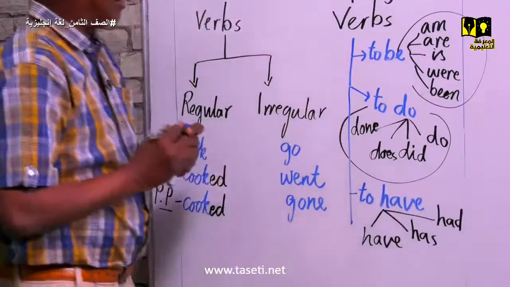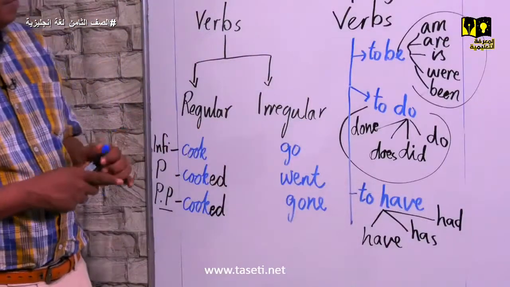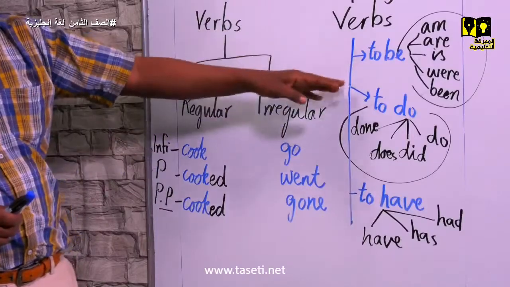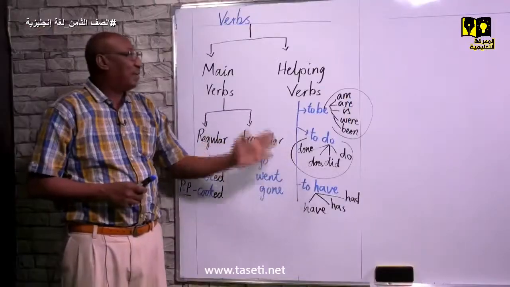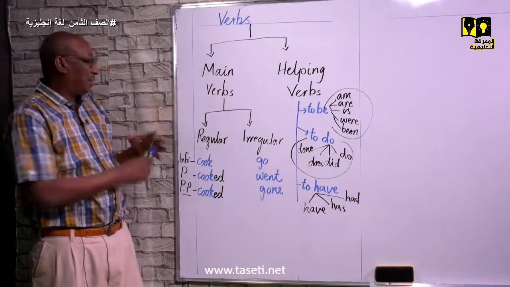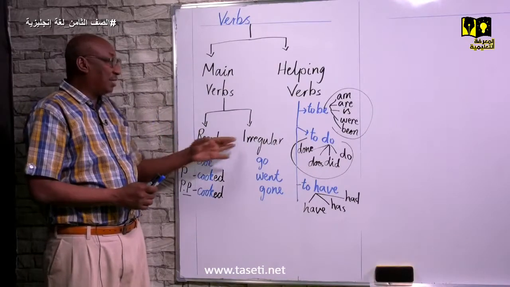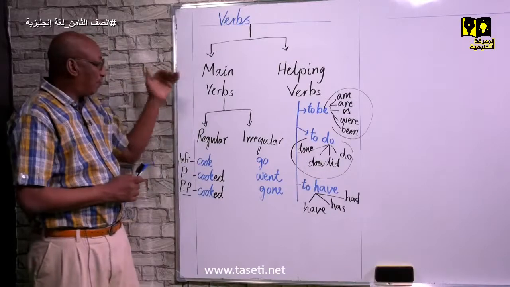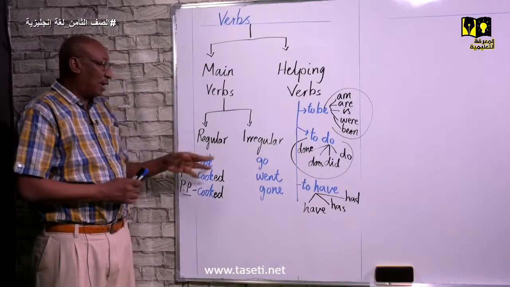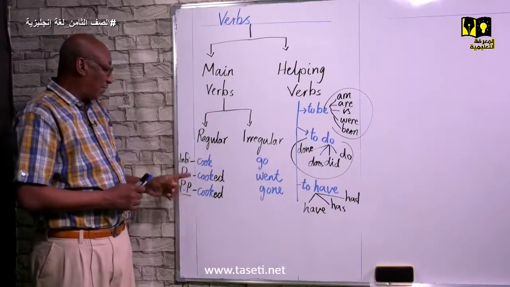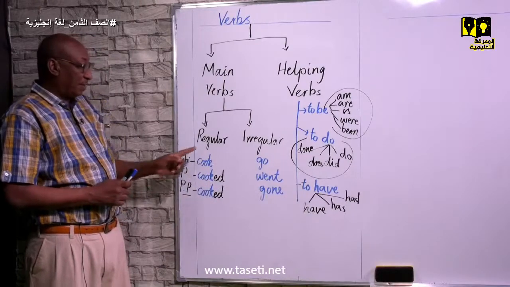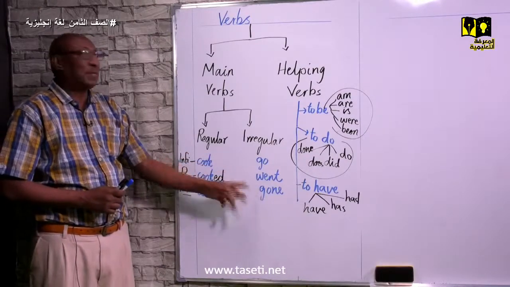Right, these are the helping verbs. Verb to be, verb to do, verb to have, and the main verbs can be categorized into two main parts: regular verbs and irregular verbs. And of the regular verbs and irregular verbs, we have the infinitive, the past, the past participle.